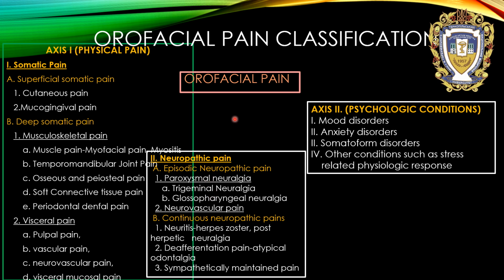And now I would like to tell you about the more precise classification of orofacial pain. It divides into two axes, axis 1 and axis 2. Axis 1, somatic pain. Chapter A, superficial somatic pain. It can be cutaneous pain or mucogingival pain.